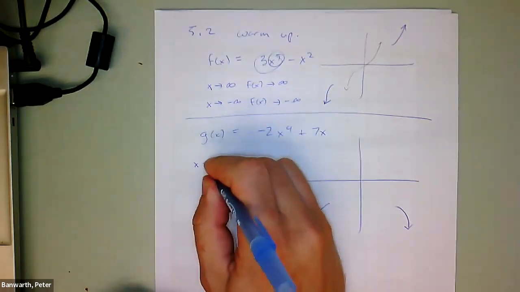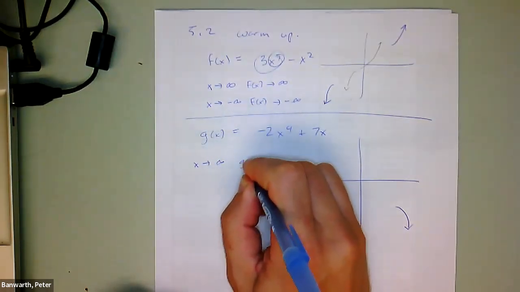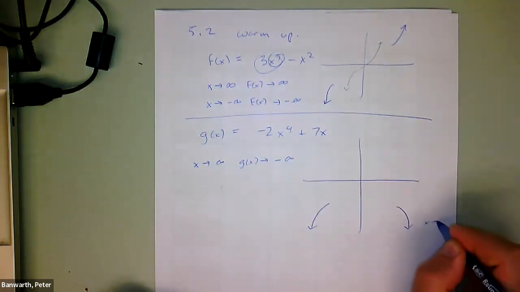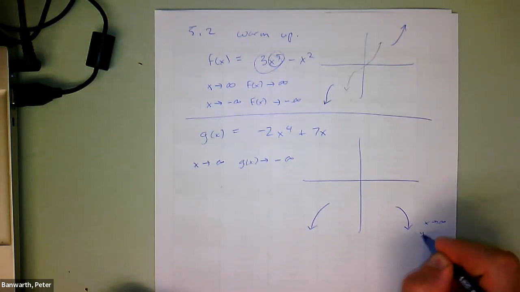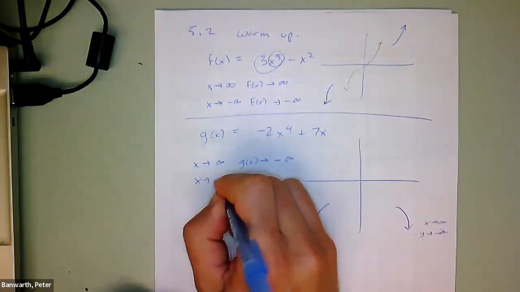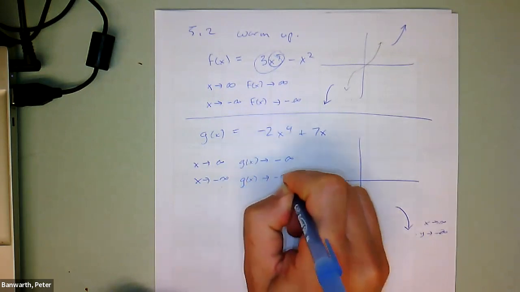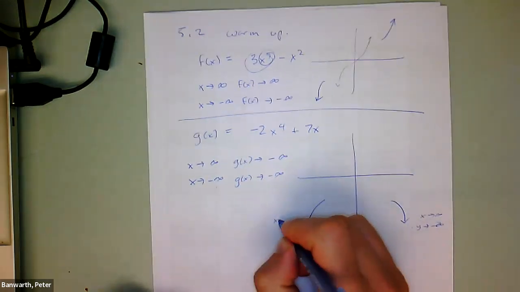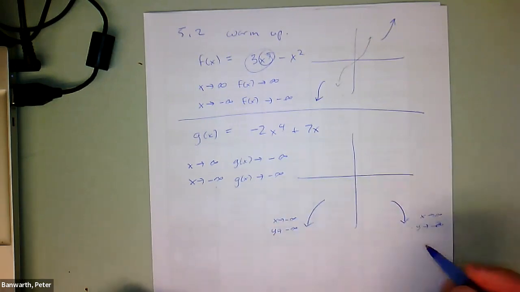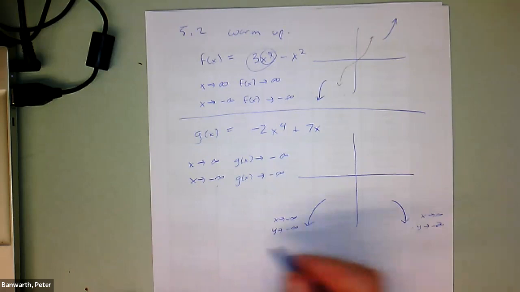And that tells me that as x goes to positive infinity, g of x goes to negative infinity down here, right? X goes to positive infinity, y goes to negative infinity. And as x goes to negative infinity, g of x goes to negative infinity. X goes to negative infinity down here, and the outputs also go to negative infinity.